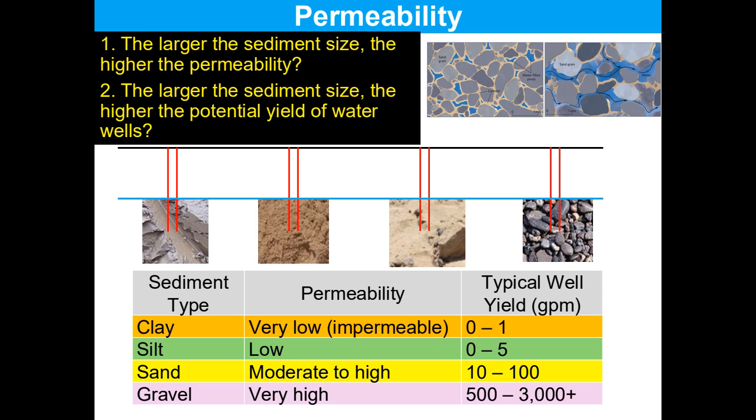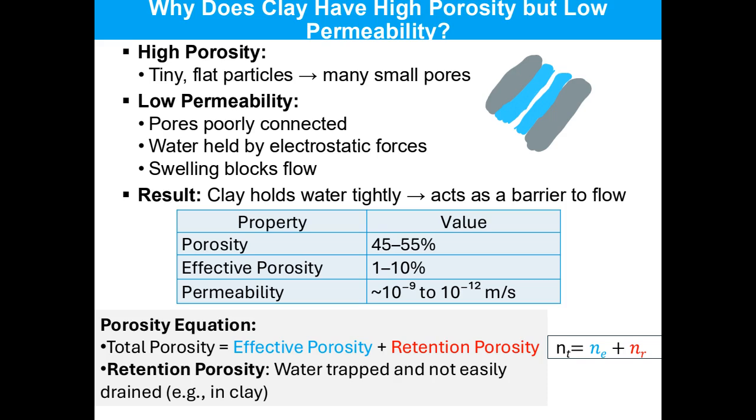Going back now to the effective porosity I talked about earlier. If you remember, I said that the porosity of clay is high, but its permeability is very low. So how is that possible, to have high porosity and low permeability?